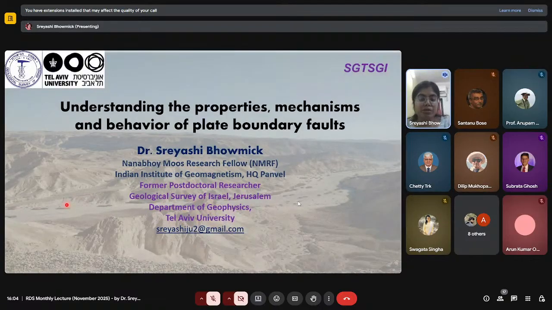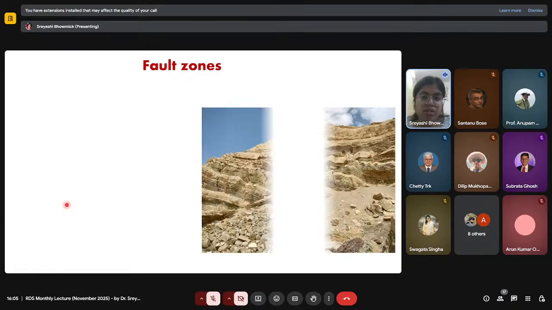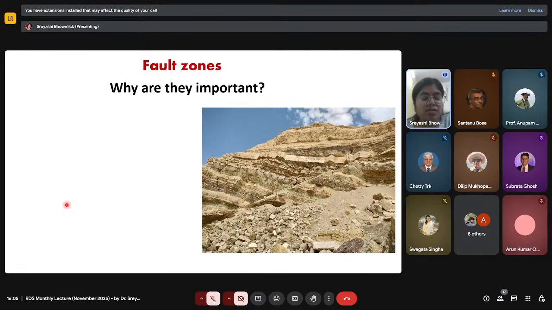When we think about the tectonic plates or the plate boundaries, we know that they are defined by faults. In order to understand the behavior of these plate boundary faults, we need to know about the properties and mechanisms behind it. So on that note, we need to know about the fault zones and why they are important to us.